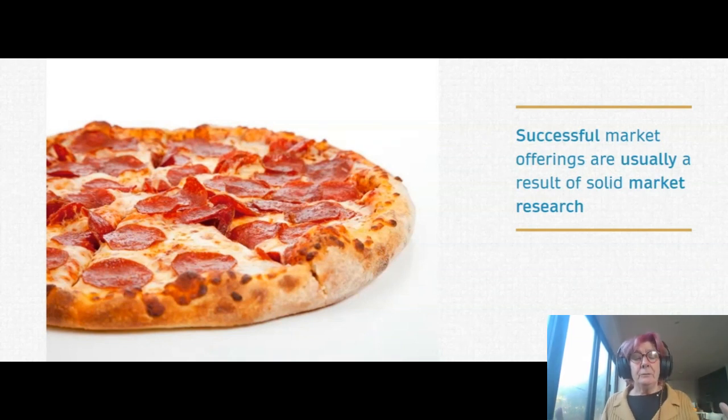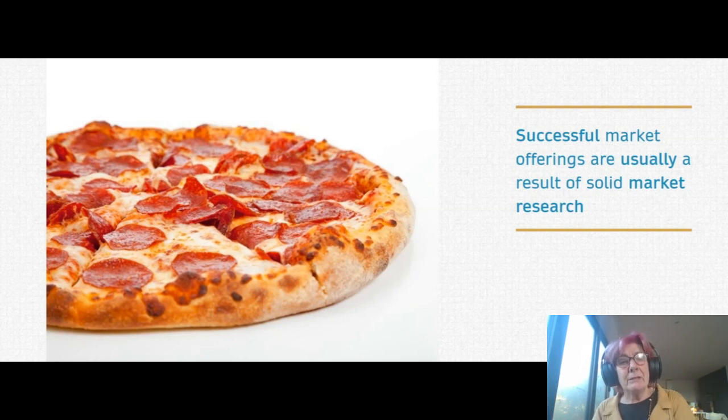How do we know what price they're willing to pay? How do we know what kind of promotions are going to encourage those people to buy from us? How do we know what our competitors are doing? How do we know the best way to get our product to those customers? Should we go through supermarkets or sell them direct? What should we do? Well, all of these questions can be answered by market research, can't they?